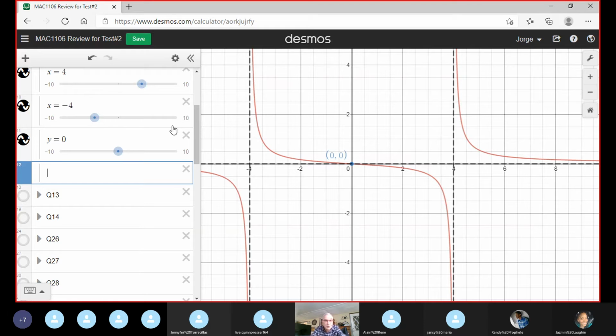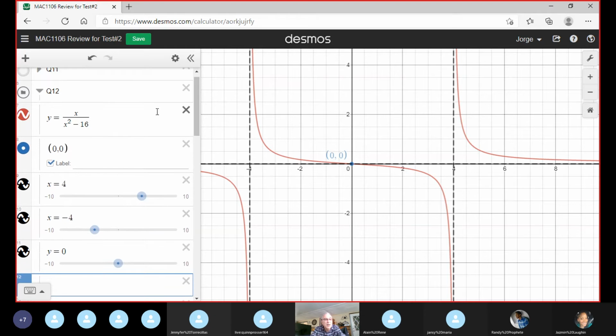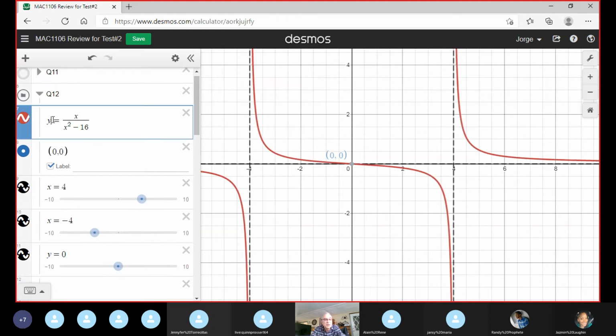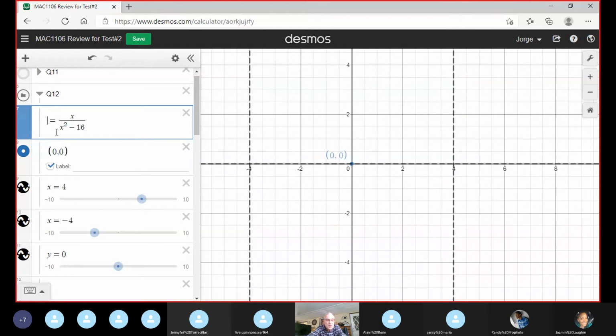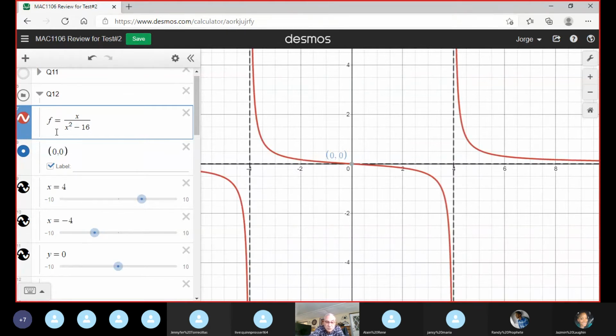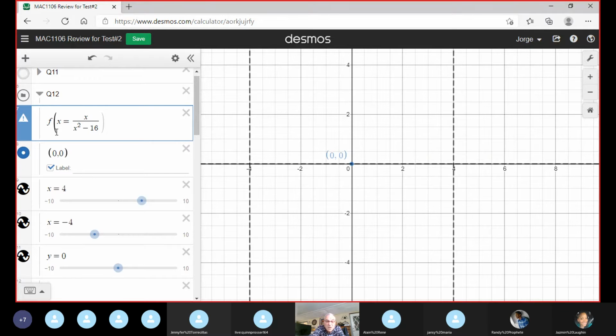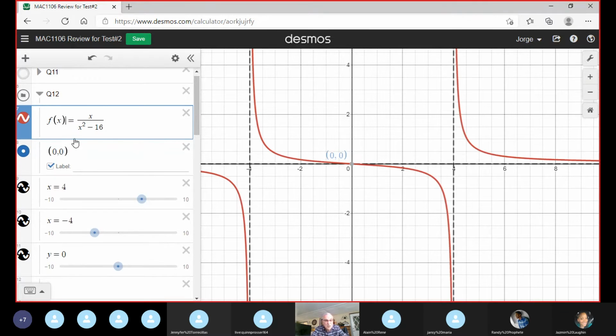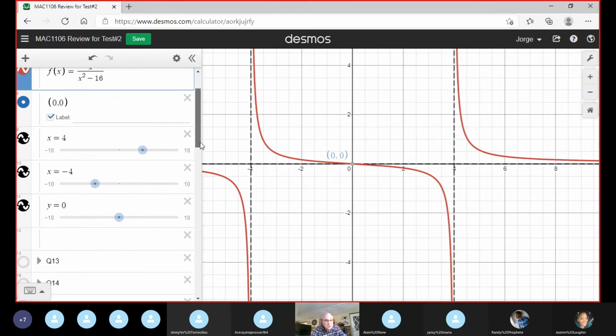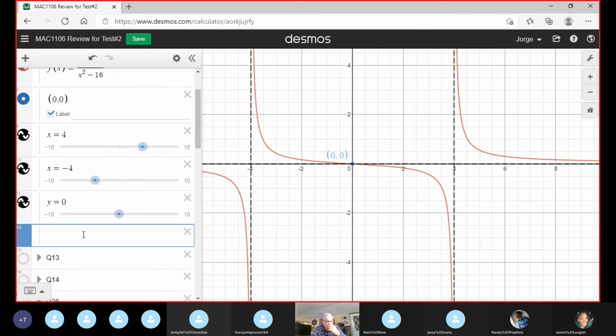To make it easy, my recommendation is, instead of y, you put f of x using function notation. It's the same, y and f of x are the same, but function notation gives me an advantage. I type the point, for example, 4, a totally arbitrary value of the domain that I select. I don't know why. Comma, f evaluating 4.